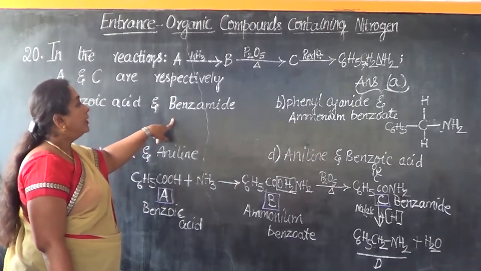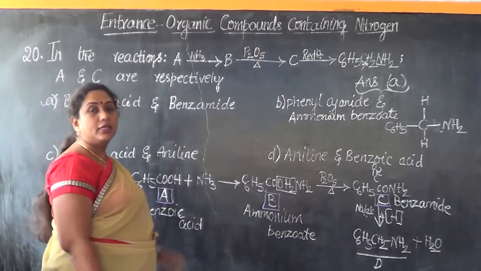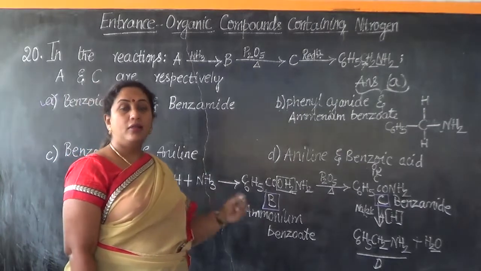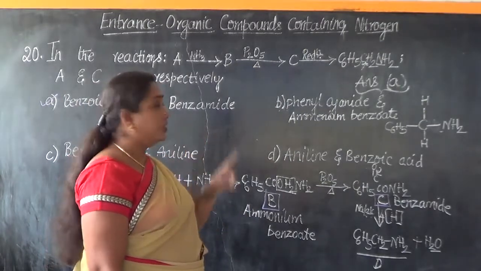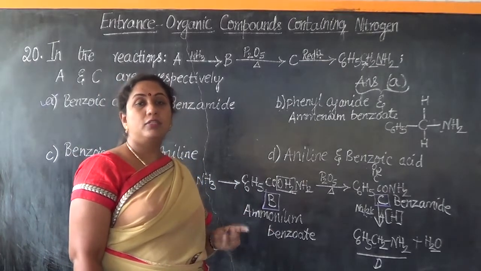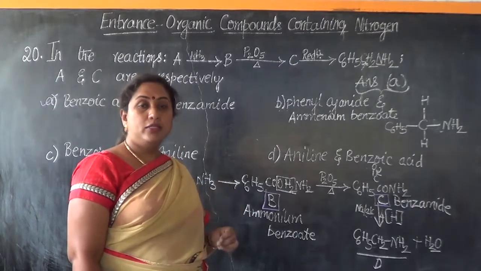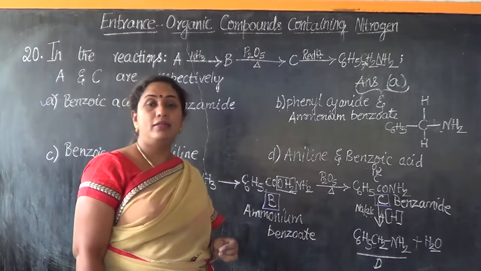So you will be getting such type of questions wherein they will ask you to identify the unknown constituents, but they will be giving you the reaction conditions. So you need to practice all the important reactions in particular thoroughly, so that the moment you look at them, you will be able to identify the reaction.